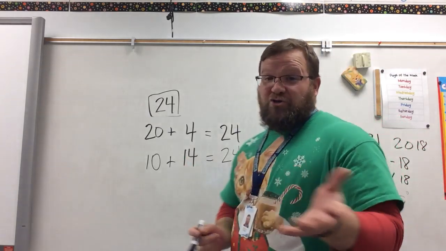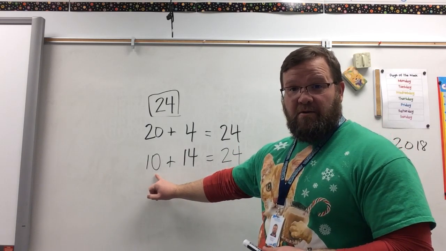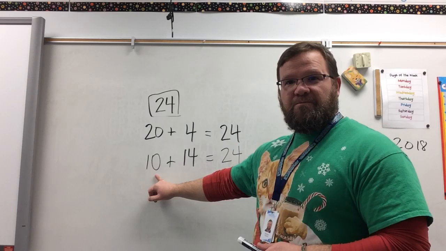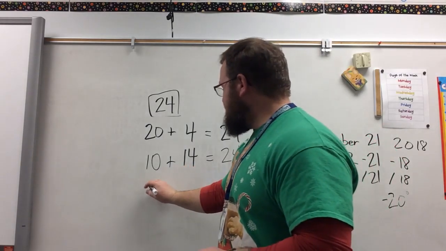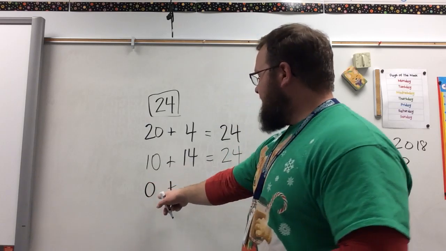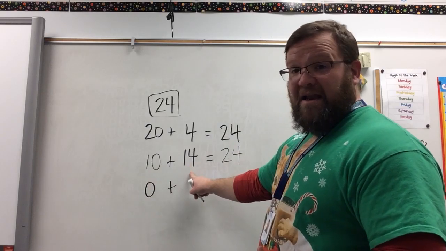So I can also do that again. And when I take a 10 away from here, what do I have left? 0. That's right. When I take my 10 away, I have 0. But then I have to take the 10 that I borrowed here. If I took it away here, I have to add it back here.